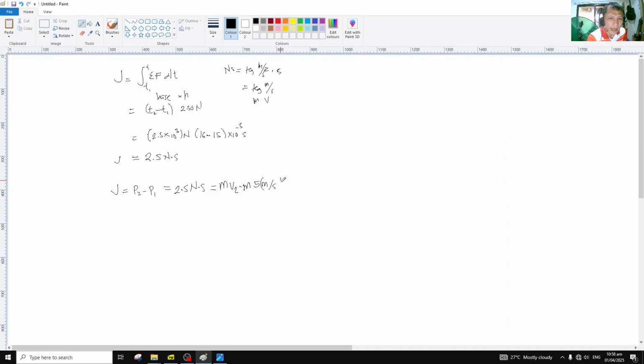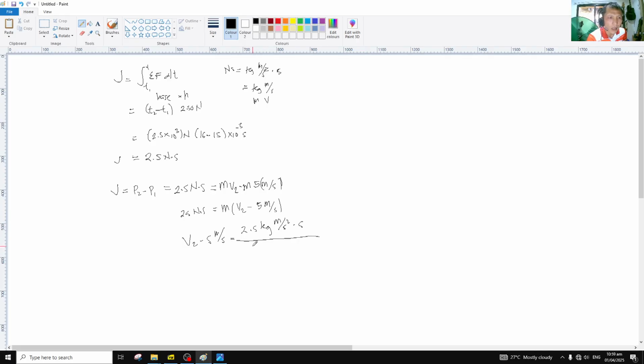I believe you can factor out m. So m times V2 minus 5 meters per second is your 2.5 Newton second. A Newton is kilograms meters per second squared, so Newton second is kilograms meters per second.